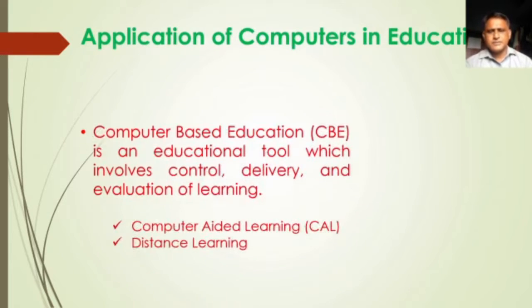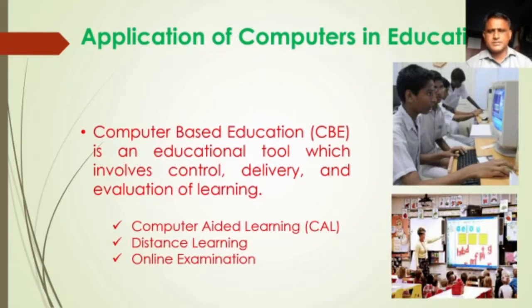Then we'll discuss the applications of computers in different areas of human work. First, the application of computers in education. In the education system, the computer can be used for several jobs, like control, delivery and evaluation of learning.